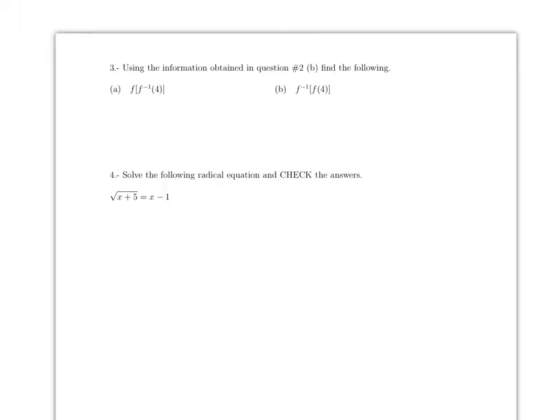In question number 3, it's asking you to find the composition. And in general, so remember, in general, f composition g, which is the same thing as just f of g, is not equal to g of f, which is g composition with f.